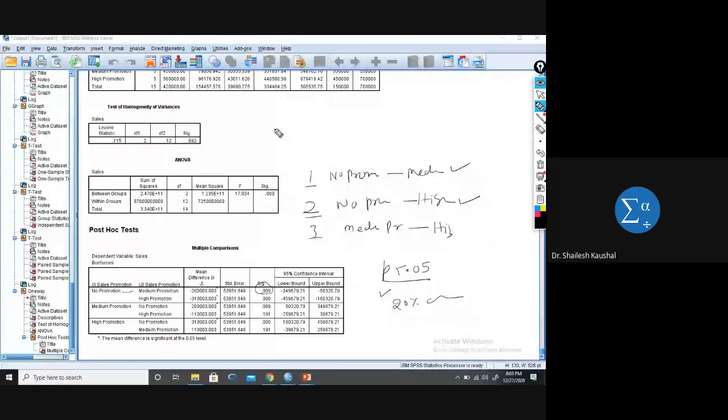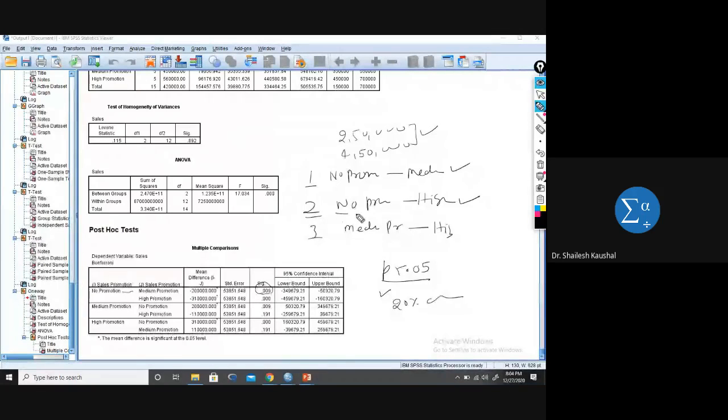We have seen the mean sale before the promotion was 2,50,000, and when we introduce a 20% discount, sale increases. So this difference is significant.